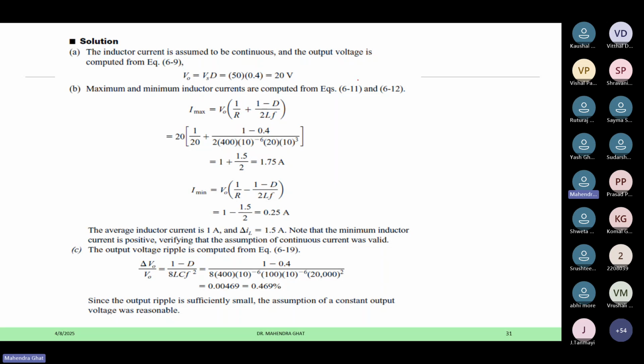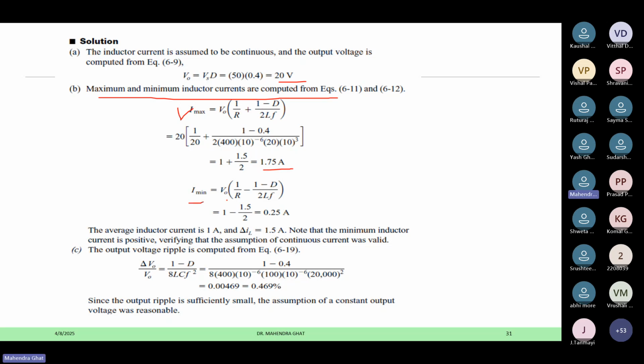So I will just go through the solution directly. VO is equal to Vs into D. Vs is 50 volt. D is given as 0.4. So if we multiply, you will get the output voltage as 20 volt. Now the maximum and minimum inductor currents are computed. So I max equation I already have, which is nothing but VO into 1 by R plus 1 minus D by 2LF, which is equal to, if I put all the values, you will get 1.75 ampere.